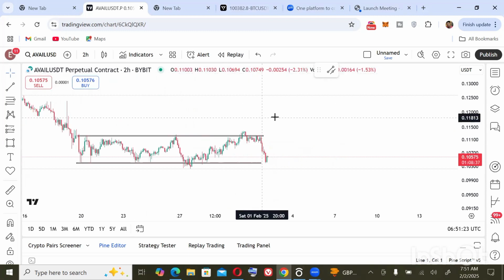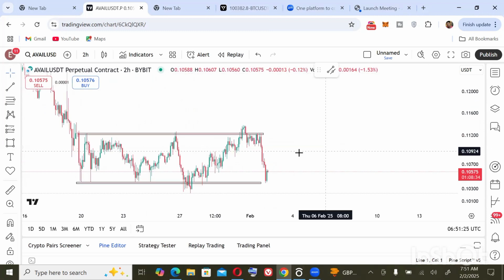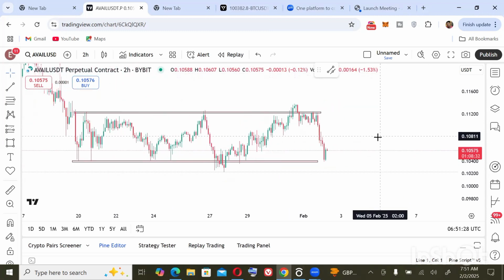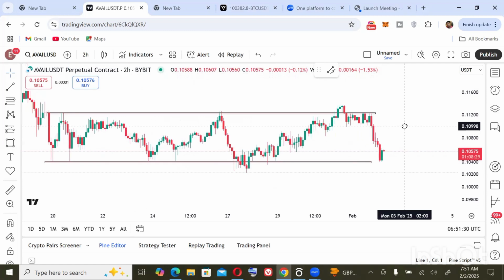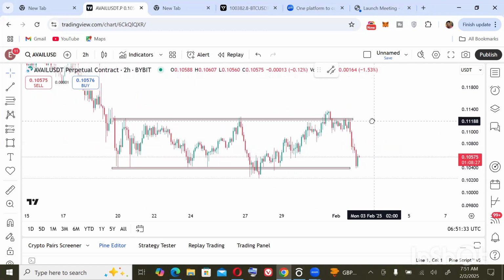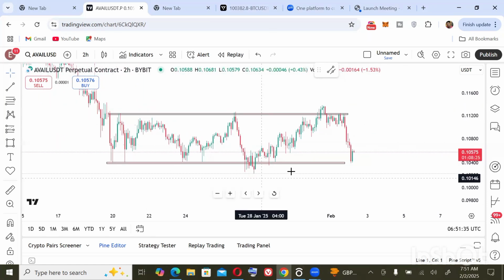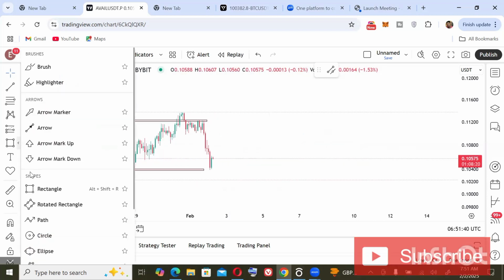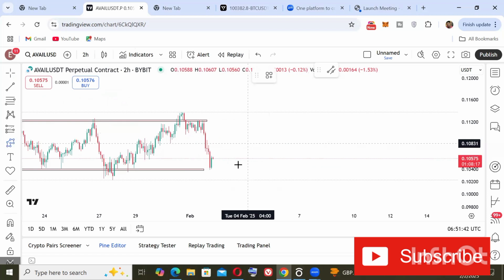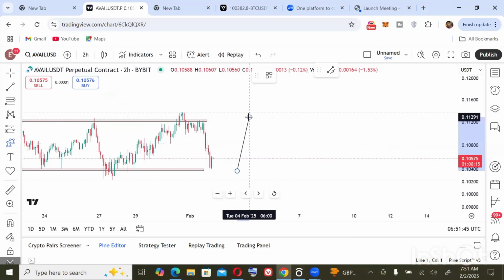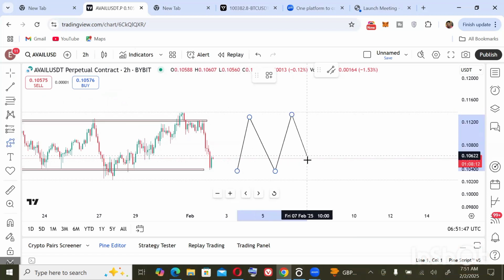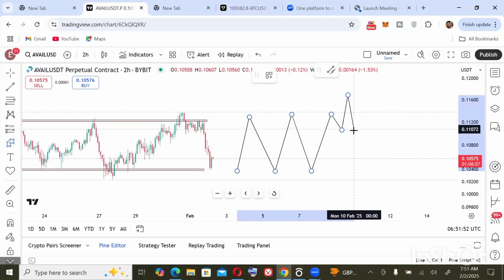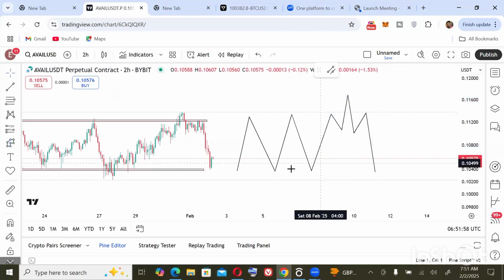Now, right here on my screen, you can see this amazing setup. For those of you who are just coming on board, I'm going to give a schematic for this right now. It goes like this, very simple: come down, go up, make a range, and then you sell back to the low of the range.